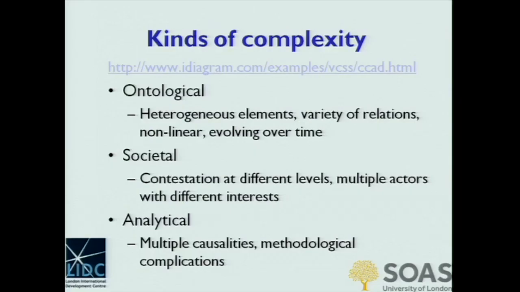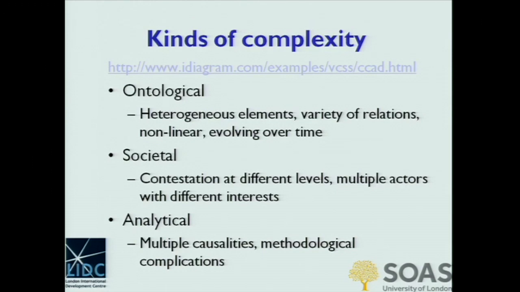To say a little bit more about complexity, what I've just described is a form of ontological complexity. Things are complex by what they are, particularly development situations, but in fact, your household is probably a complex system, I'm sure. Real systems are heterogeneous, they have a variety of relations, they are non-linear, they are evolving over time, and they're open systems.